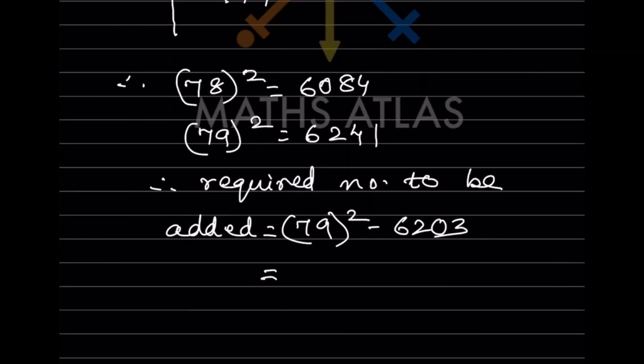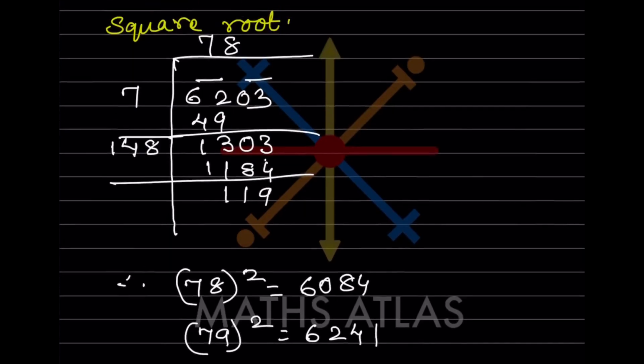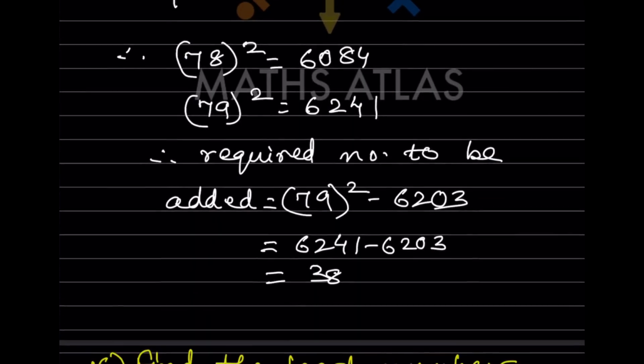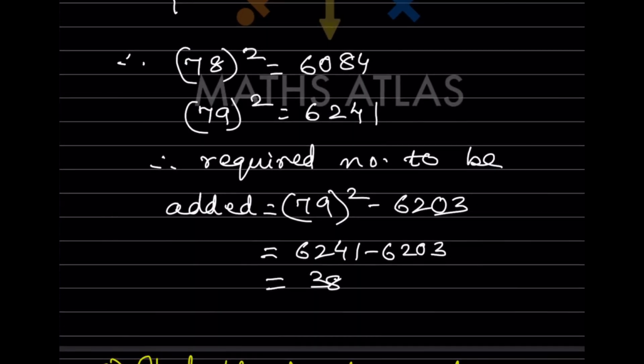So 79 square we got as 6241 minus 6203. So this is going to be 38. So they have asked to find the perfect square and its square root. So the required number to be added is this 38.